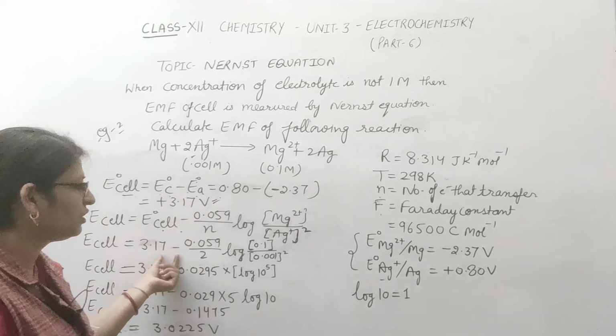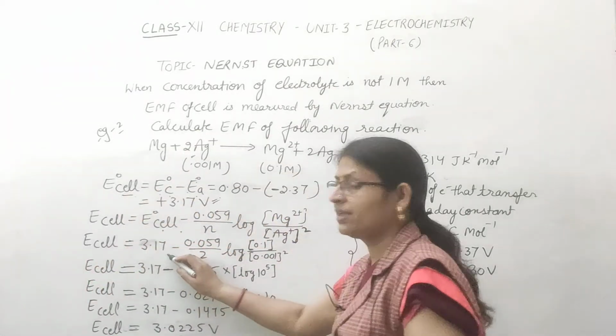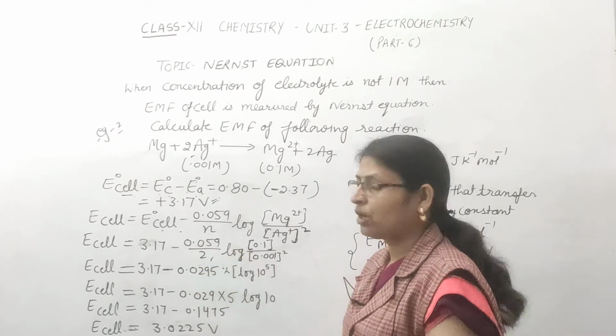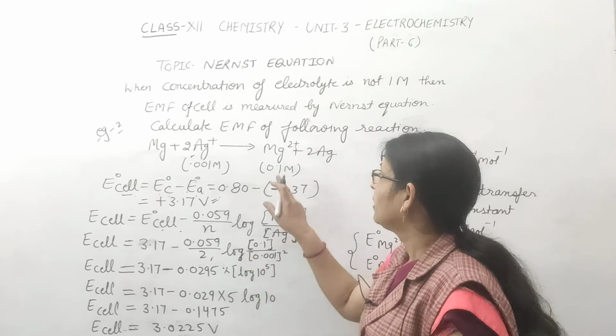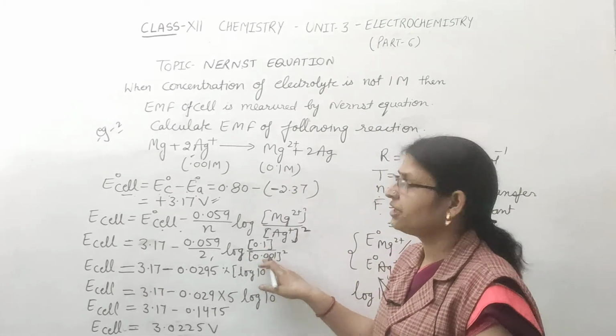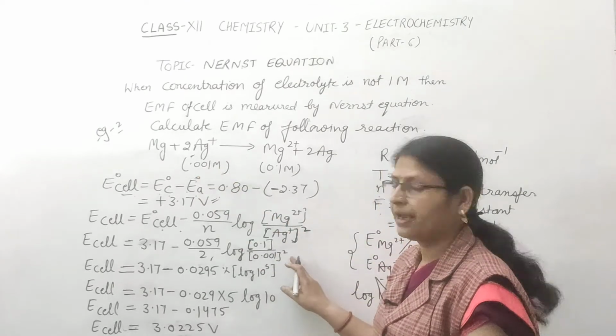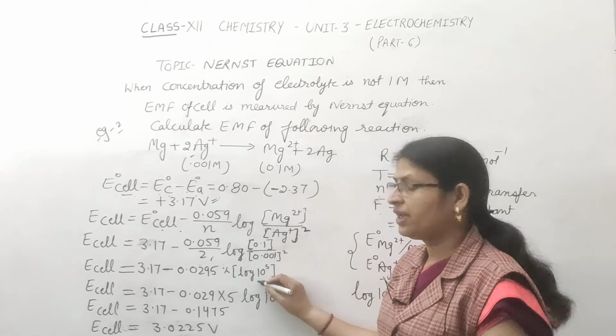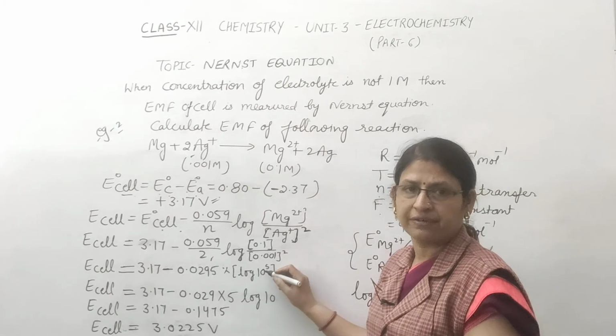Now when we put the values here: 3.17 minus 0.059 divided by 2, where the number of electrons is 2, times log of the concentration of magnesium ion, 0.1, divided by the concentration of silver ion, but here with power 2. When we calculate this term, we get log 10 to the power 5.